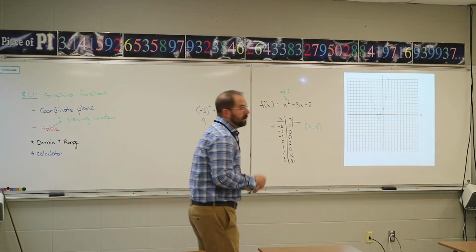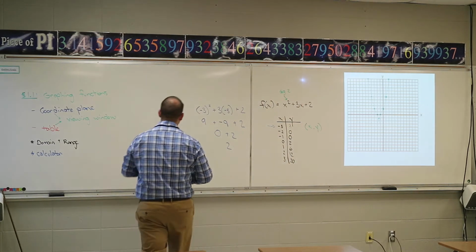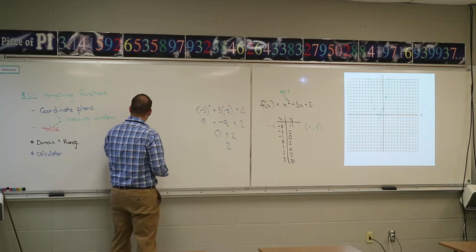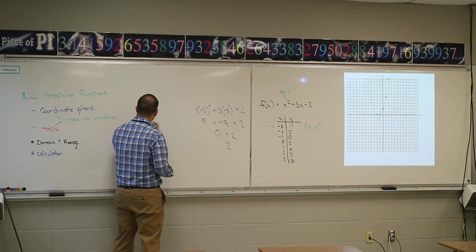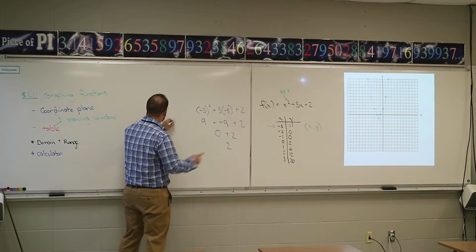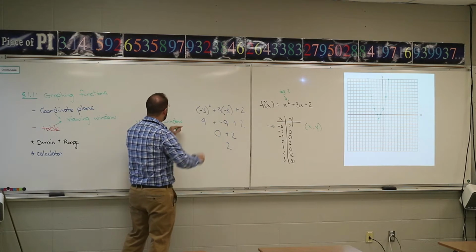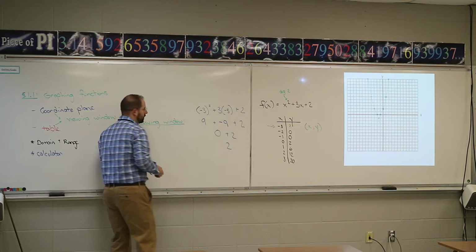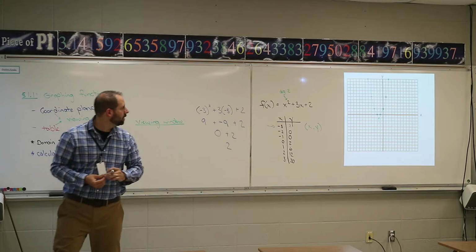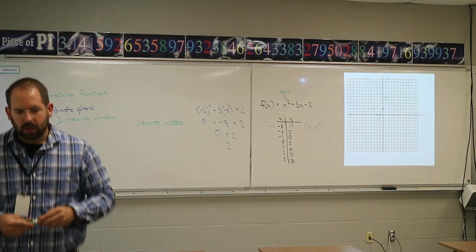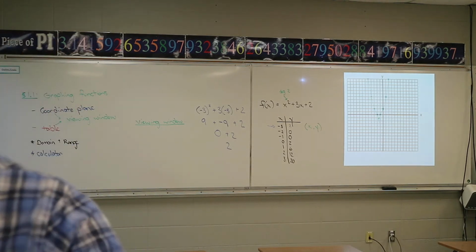Okay. All right. Next, let's talk about the viewing window. I want to talk about this window here, and then how to change it on a calculator. So I'm going to go back to the calculator here in a second. So, viewing windows. I think we hinted at this one yesterday.